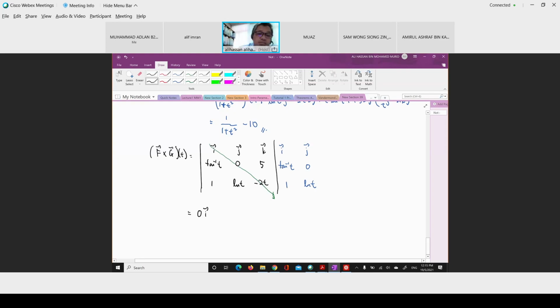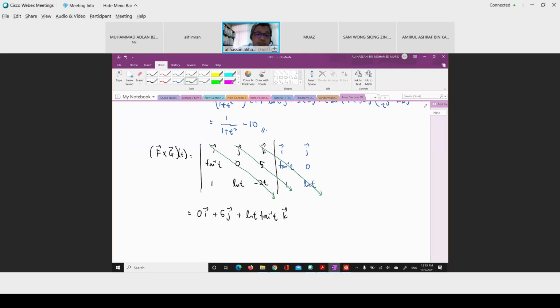Next, this product here is 5j. Next is the product of these three elements here, which is ln t times the inverse tangent of t times vector k.